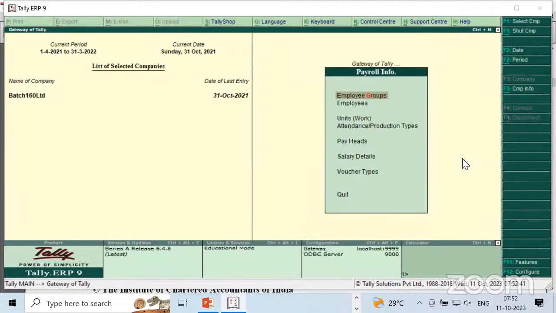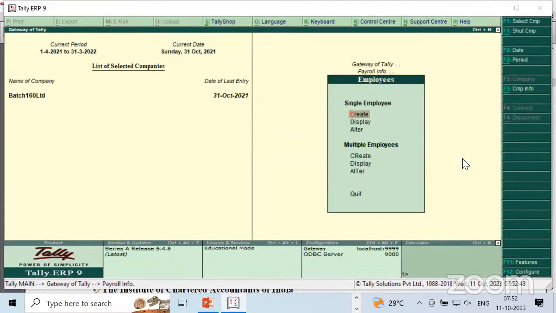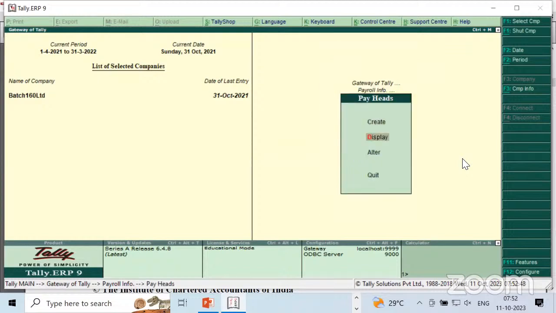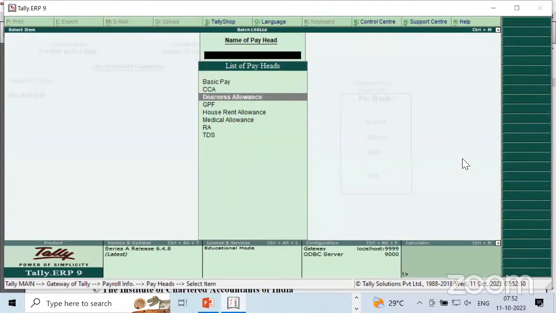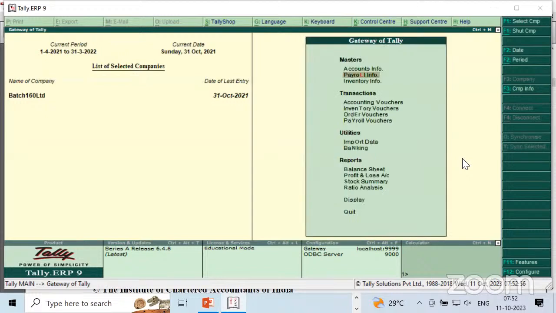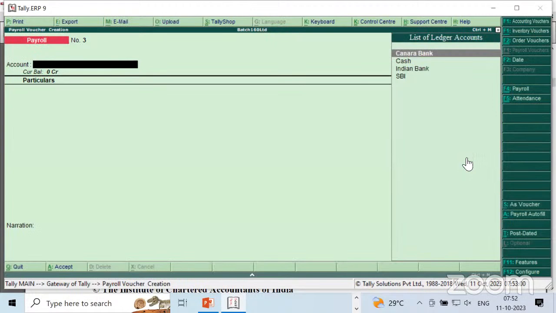Go to payroll info, you'll be able to create employees, or you can create pay heads: basic, DA, CCA, etc. These are all master data for the payroll. And if you want to go for the transaction, you go to payroll vouchers, wherein you can select your payroll autofill.